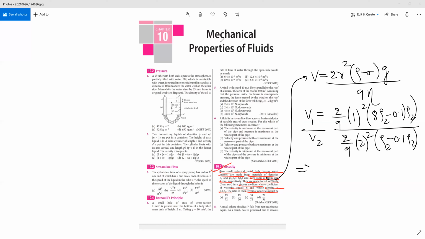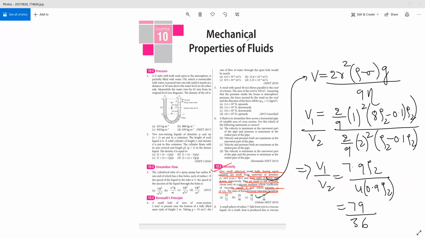So if you take the ratio of these, v1 by v2 is equal to 7.9 into rho2 divided by 4 into 0.9 into rho2. So this one we are getting 79 divided by 36. Therefore, for seventh one, this one is the right answer.